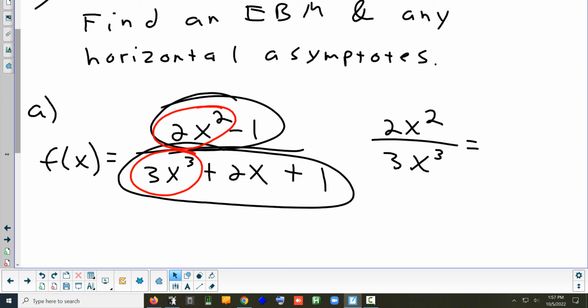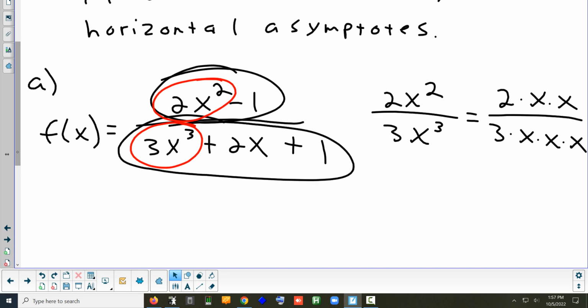And if you get stuck and you can't remember what to do with the exponents, just write it out. This means 2 times x times x. This means 3 times x times x times x. Hopefully you don't have to write it out like this every time, but this will help you to see what's going to happen.